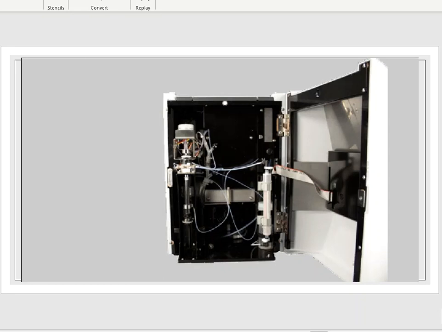So what you're seeing on the screen right now is the front part of the TOC with the door open. And over here to the right-hand side, you are going to see a fairly large column or tube, cylindrical in nature. And that will have something coppery looking on the inside of it. There is my halogen scrubber.